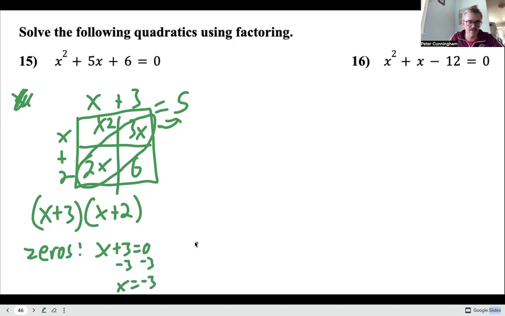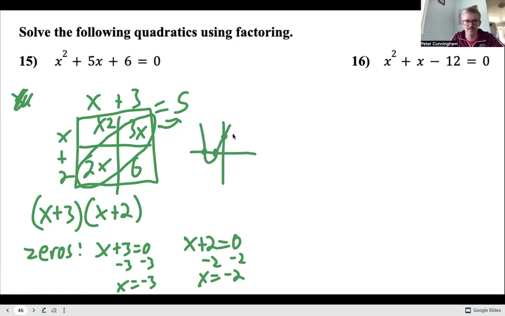A lot of you can do that by just visualizing it, just showing this method so you understand where these answers come from. So what I gathered from this is that this is a parabola that crosses at -2, -3, and has a y-intercept of 0, 6.